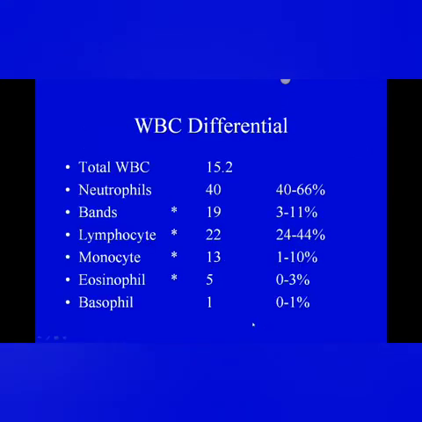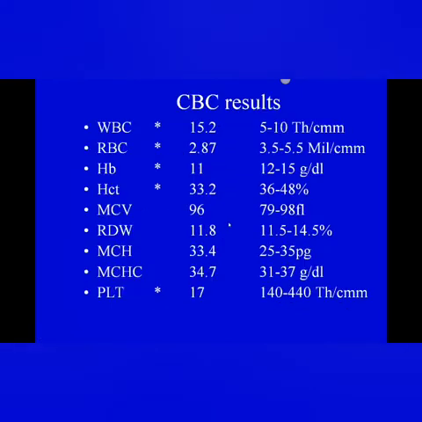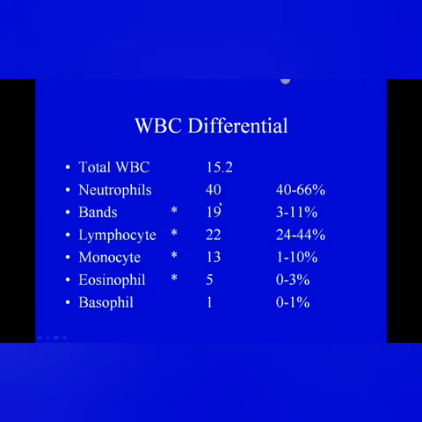Here's the differential that goes with that patient. All I've done is carry over this 15.2 total, and that means thousands per deciliter of blood, or per 100 mils of blood. And their neutrophil count was within the normal range. Their band count is elevated. Do you remember, when the band count is elevated, do we call that a right shift or a left shift?